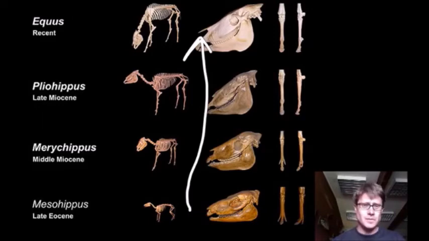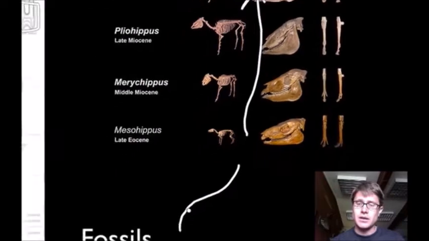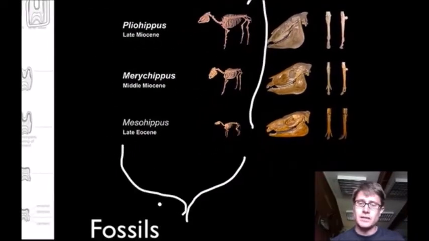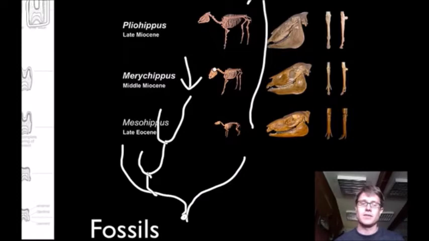They have to run faster when they're out on the plains, and so they move from many digits to just one digit. And so we can see this transition. It's not linear, it's branched. In other words, if we look at horse evolution, there are many dead ends, there are many branch points. But we can see that there's a continuous thread all the way from those first horses.